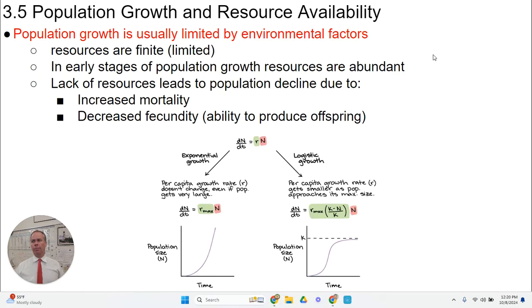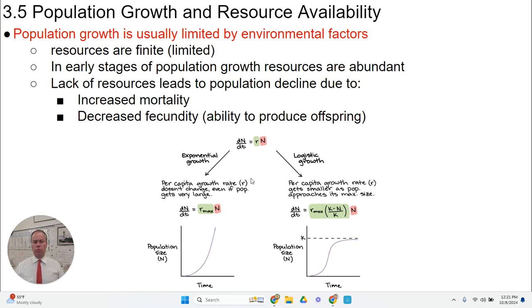When we are thinking about the predicted growth of a population, we have an equation that sometimes is used. The change in the population, dN over dt, over time, is a product of the reproductive rate of that organism and the number of organisms present. And so if we only include those two factors, we have r, which is the per capita growth rate.